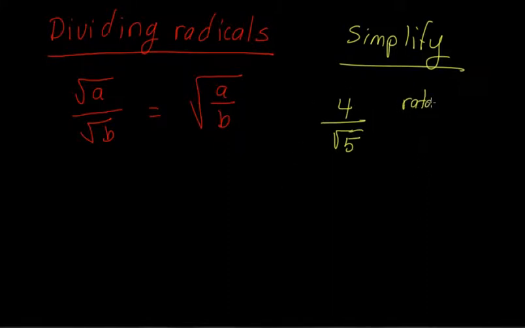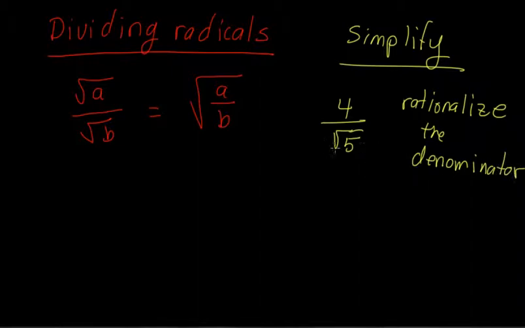Rationalize, R-A-T-I-O-N-A-L-I-Z-E, the denominator. At the moment, the square root of 5 is an irrational number. No ifs, ands, or buts about it. So we've got to get that irrational number out of the denominator.